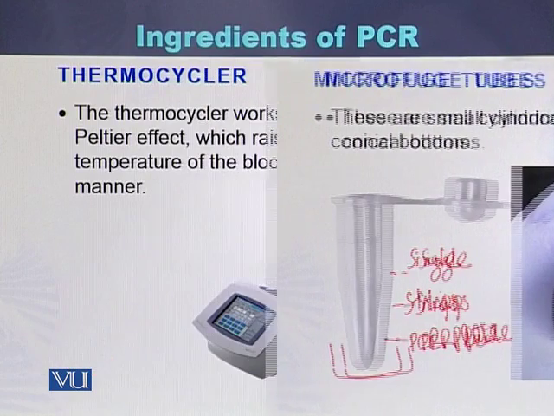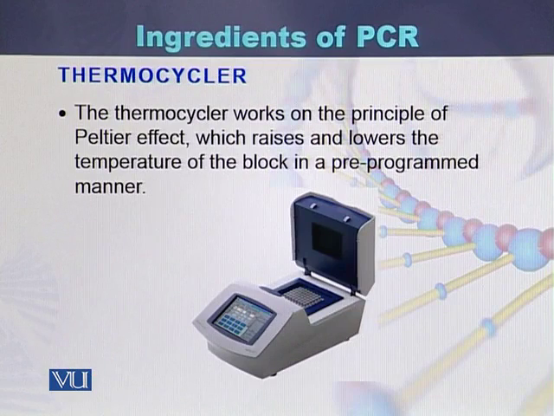The next is the thermocycler. Thermocycler is also called a PCR machine. It works on the principle of the Peltier effect. The Peltier effect is the one by which the temperature rises and lowers.